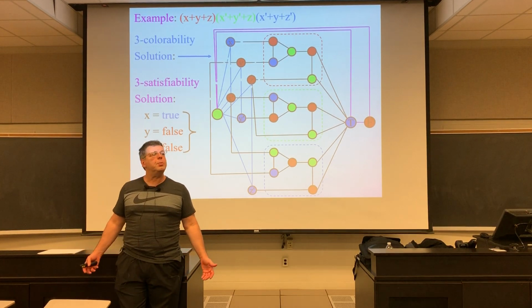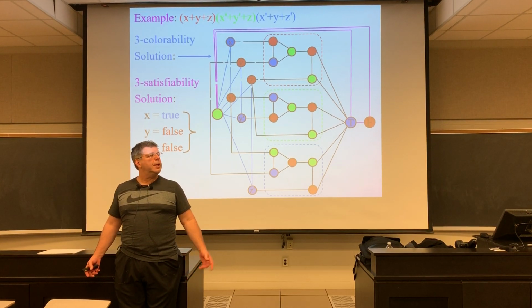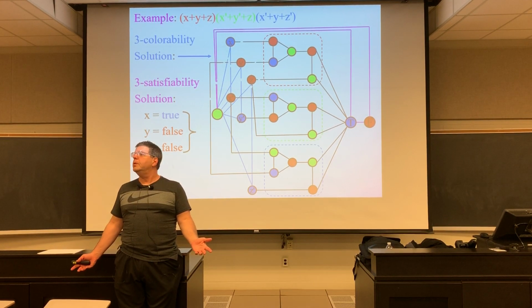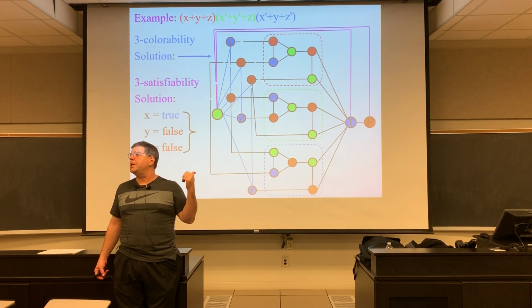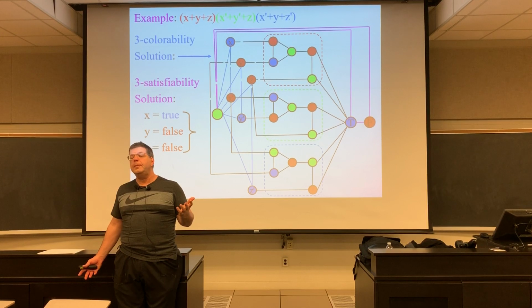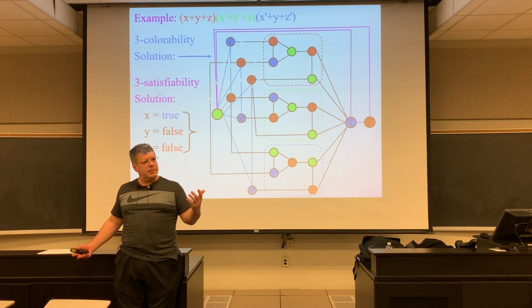An easy question at this point. What do you do to convert a decider into an optimizer in general, for any problem, not just colorability, not just satisfiability? Say something. Play 21 questions with it.